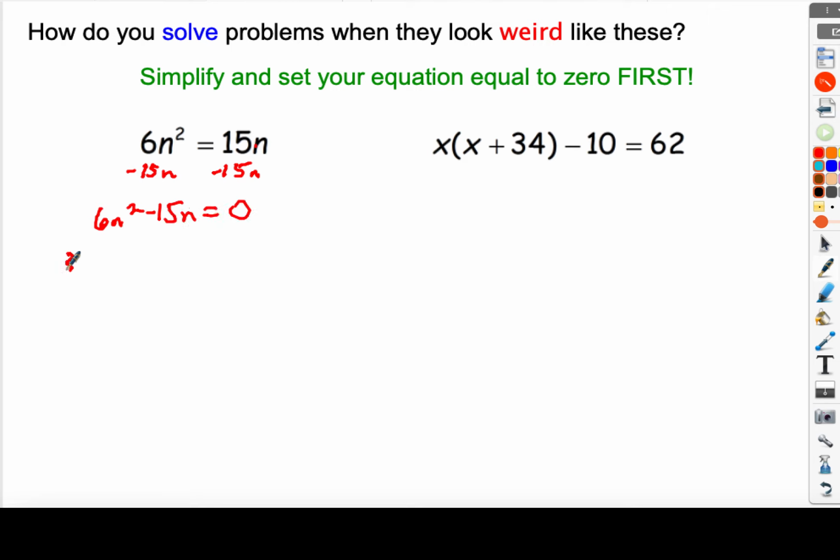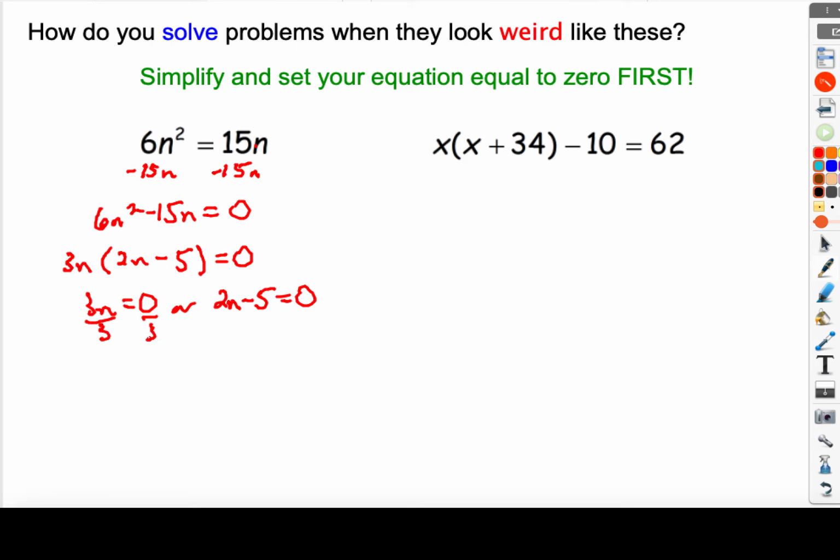And in that case, I can factor out a 3n. I know a 3 goes into both 6 and 15. 2n times 3n is 6n squared. And 5, sorry, times 3n would have been negative 15n. So in that case, either 3n equals 0 or 2n minus 5 equals 0.